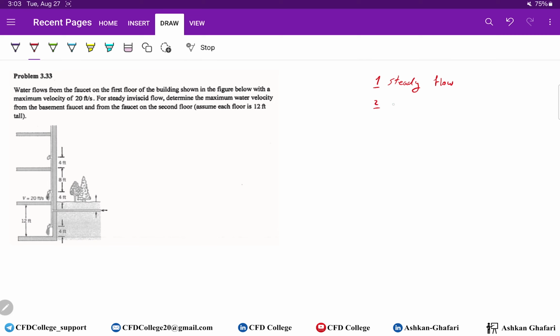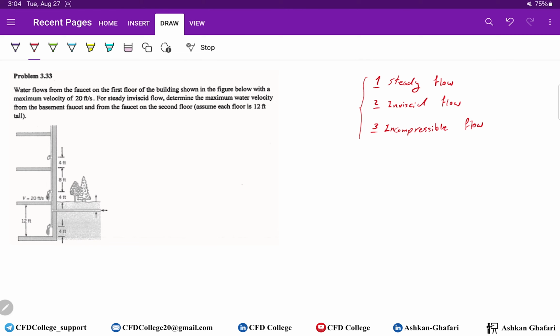Second is inviscid flow. And the third one is incompressible flow. So you should always check these assumptions.